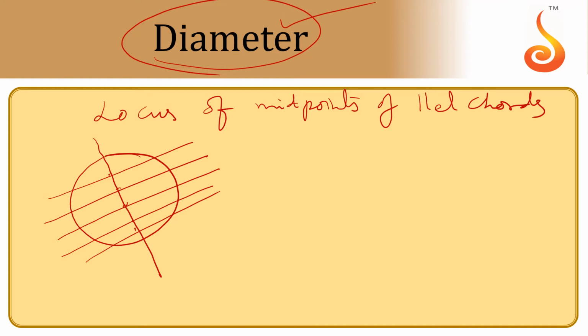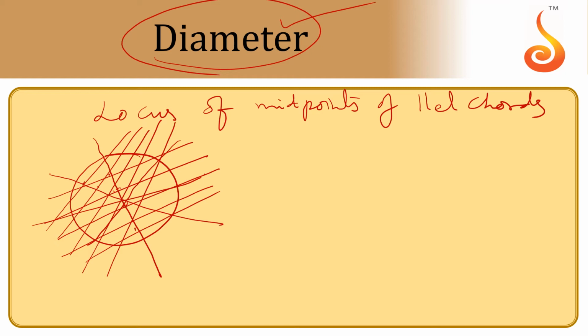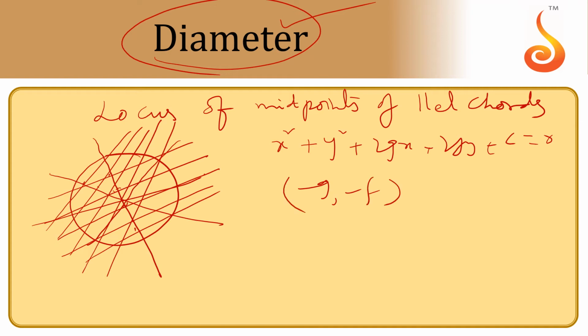You can have an infinite set of parallel chords like this. The locus of the midpoints of those parallel chords will give you diameters. In a circle, all the diameters are concurrent. Suppose the circle is x square plus y square plus 2gx plus 2fy plus c equal to 0, you know that (minus g, minus f) is the center.